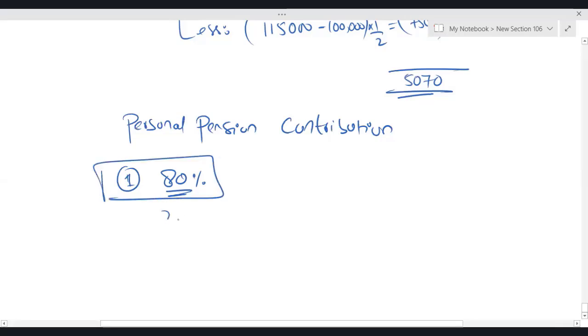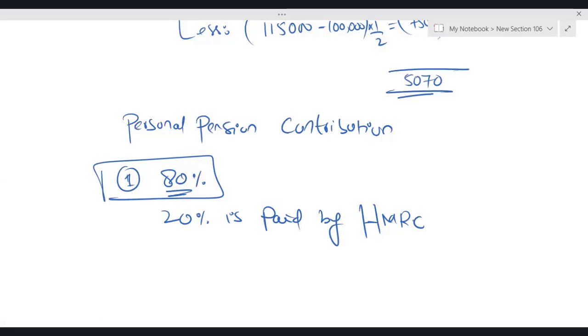And logically, 20% is paid by HMRC. And that's a benefit. When you are contributing, you are trying to build up funds for your retirement age. So whatever you are paying is 80% into that fund, and 20% will be paid by HMRC. That's a benefit for you.